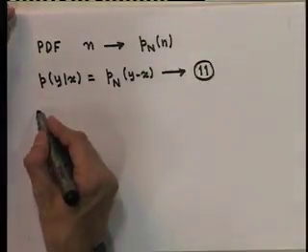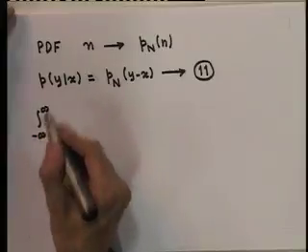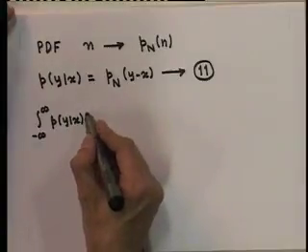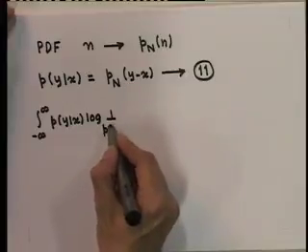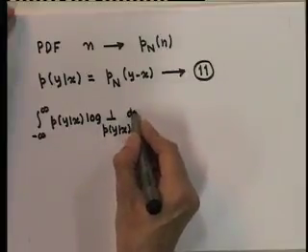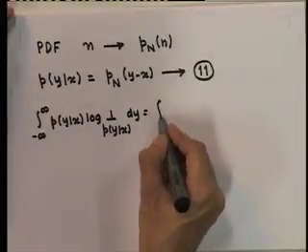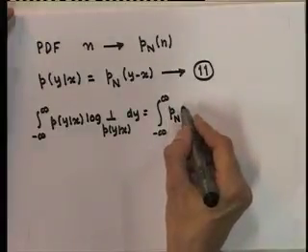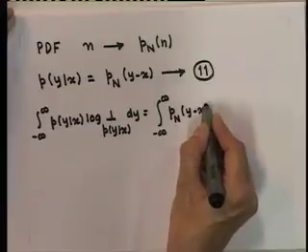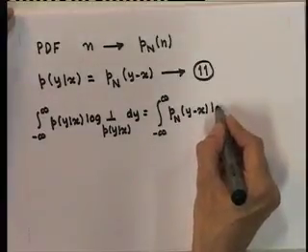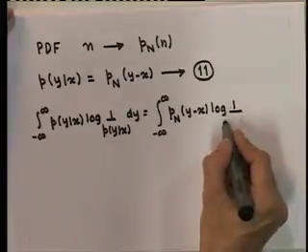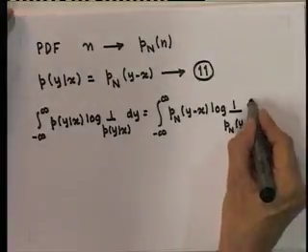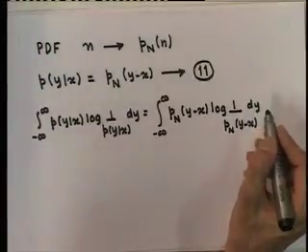Using this relationship, we can rewrite the integral from minus infinity to infinity of p(y given x) log of 1 by p(y given x) dy as the integral from minus infinity to plus infinity of p_n(y minus x) log of 1 by p_n(y minus x) integrated over y.